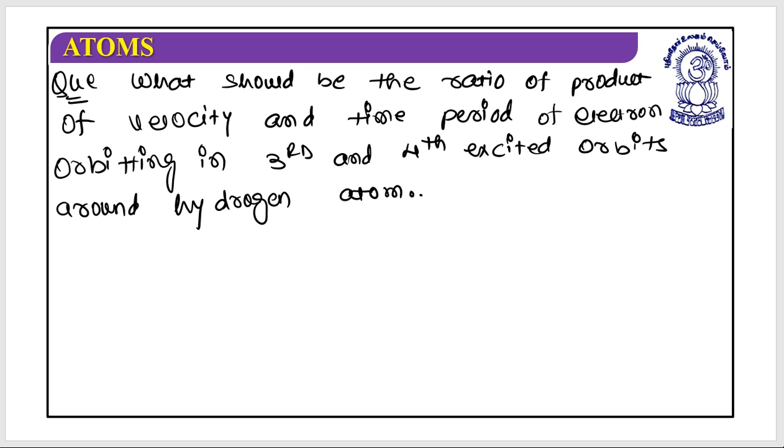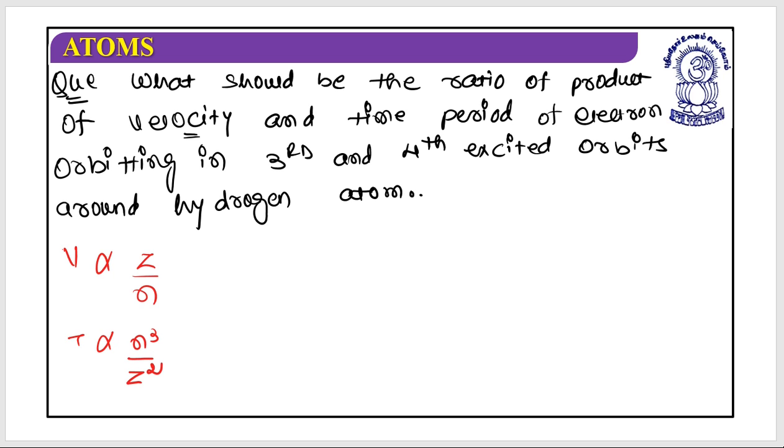So what they say is, what should be the ratio of the product. First I need to find this: the product of velocity and time. Velocity is directly proportional to Z by n, and time period T is directly proportional to n cube by Z square.